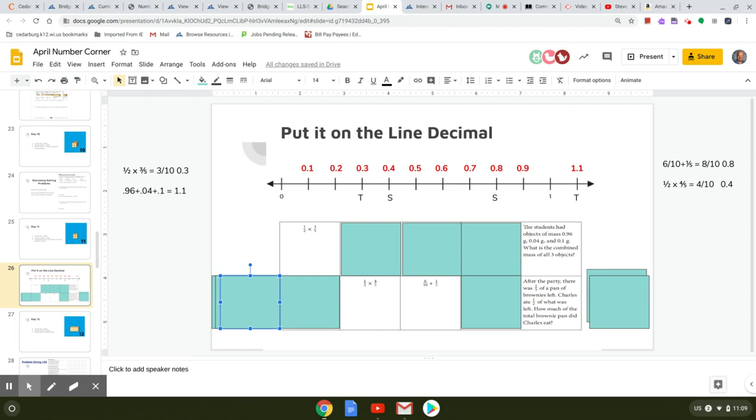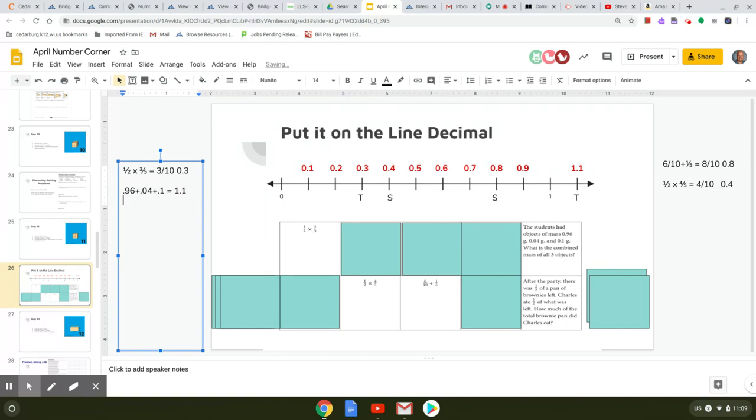All right, this says, after the party, there was 1/5 of a pan of brownies left. Charles ate half of them. What was left? So 1/2 of 1/5. I think I might be a little disappointed in this one. Now, when we do an of problem, it means multiplication, right?